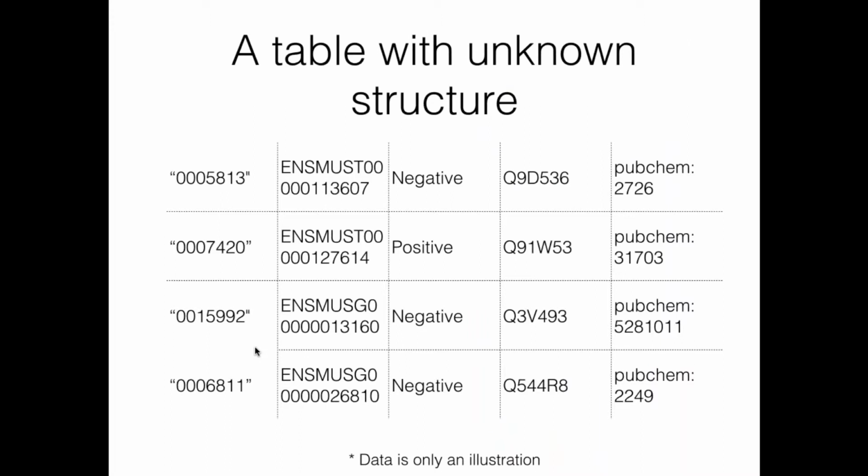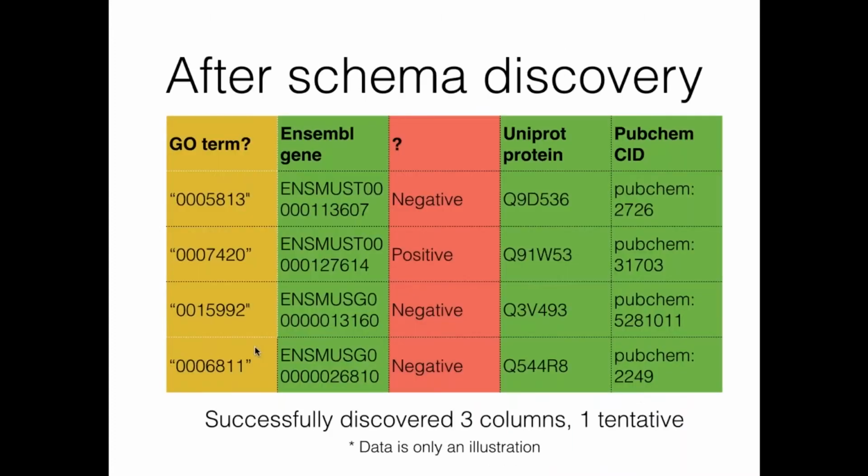So again, going back to this table from before with unknown structure, what does it look like concretely when we perform the discovery and integration? The post-discovery here, we have green columns and yellow columns and red columns. Green columns are, we are very confident we were able to successfully guess exactly what it is.